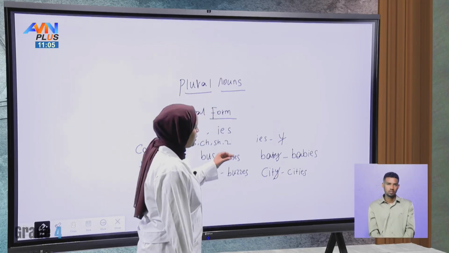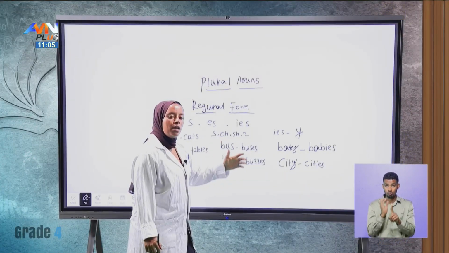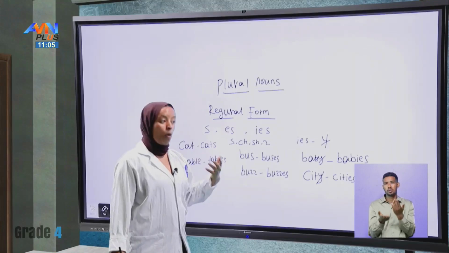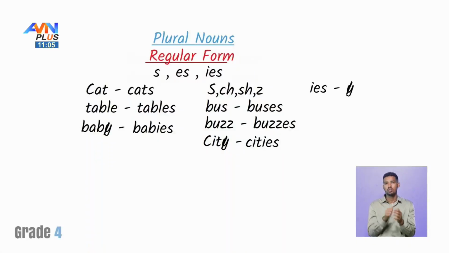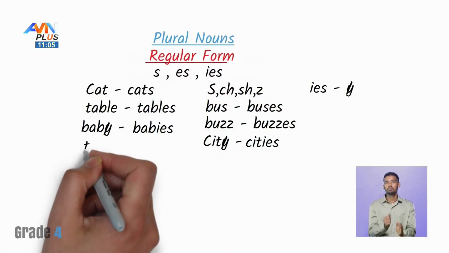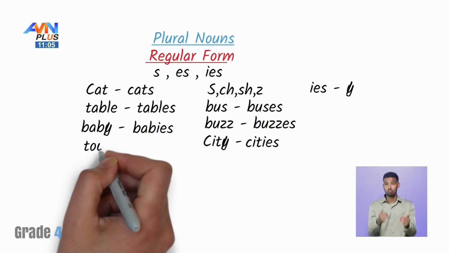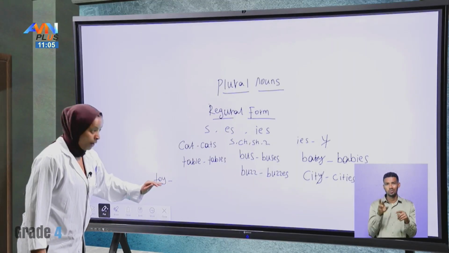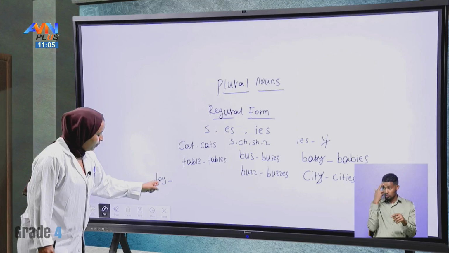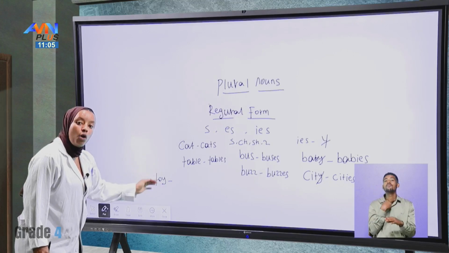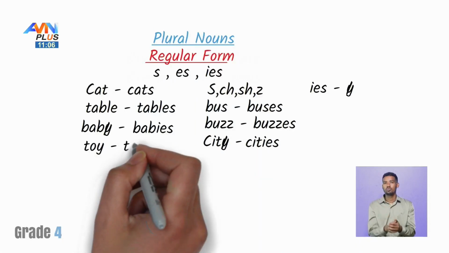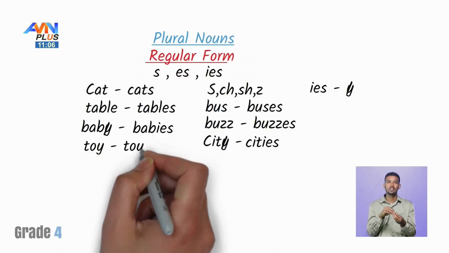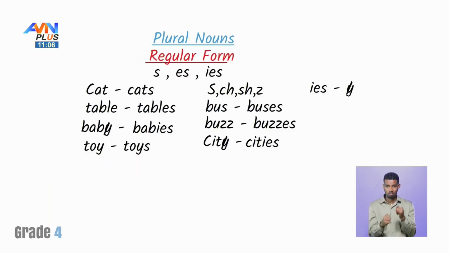But here is a special condition. Some examples, of course, end with y, like toy. Yes, it ends with y, but we don't cancel y because before y there is a vowel letter, o, so we easily add s at the end of the noun.